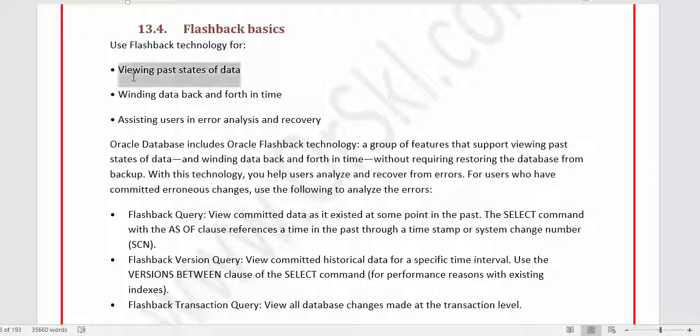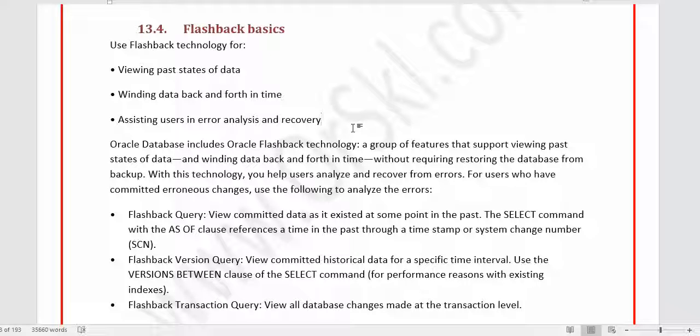Using this flashback technology, you can view the past states of the data. You can wind the data back and forth in time. That means you can get back the data and also move the data forward as well, as long as those timestamps are behind the current timestamp. And it will also assist users in error analysis and recovery.